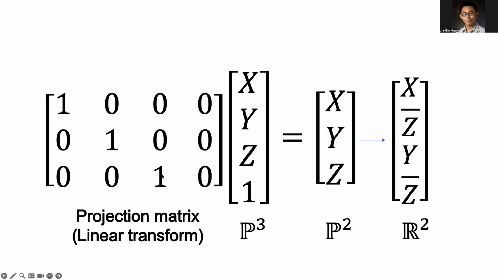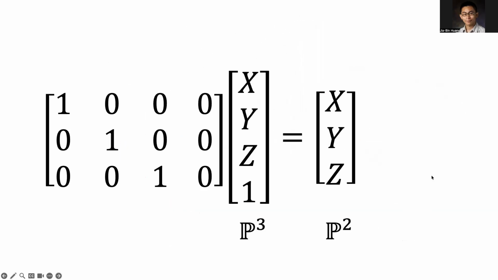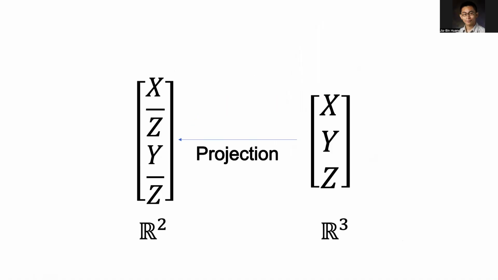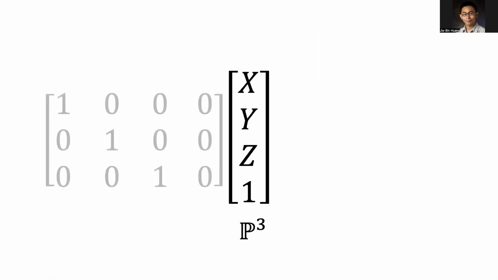And this is a simple expression to say that previously we showed that this transformation is a nonlinear transformation, right? From xyz to x divided by z, y divided by z. This is a nonlinear transformation, but we don't want to deal with nonlinear transformations. So we change this xyz to the homogeneous coordinate system. And in the homogeneous coordinate system, we can describe this projection as a simple linear transformation. Okay, so that is the whole rationale of why you want to do that.